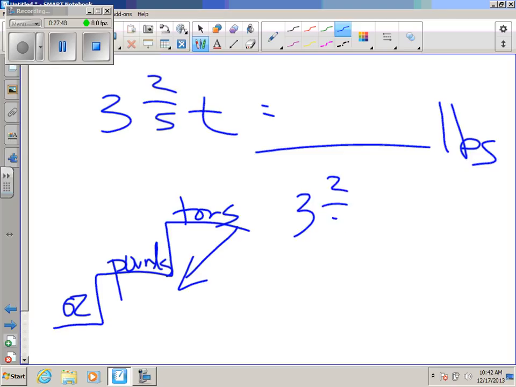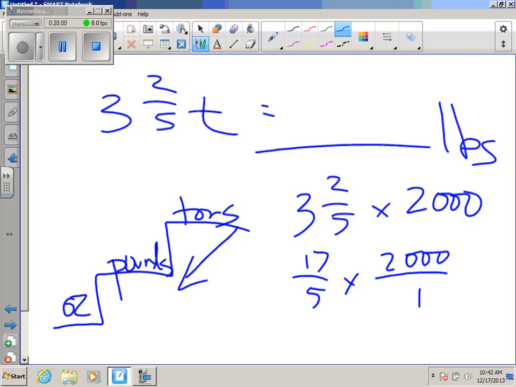So 3 and 2/5 times 2,000. 17 over 5 times 2,000 over 1. 5 and 20 is a 4 and 1, but I've got 2 zeros. 17 times 4 is 68 with the 2 zeros. Okay.